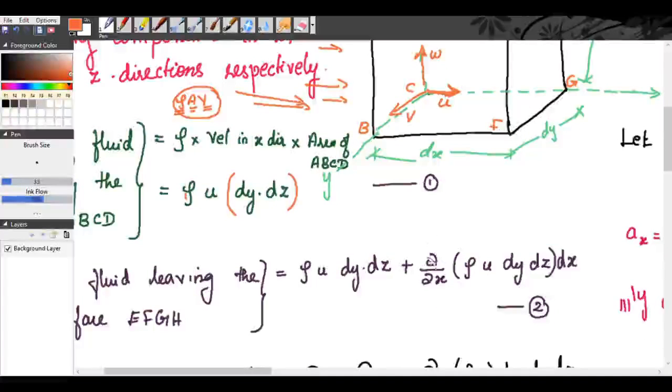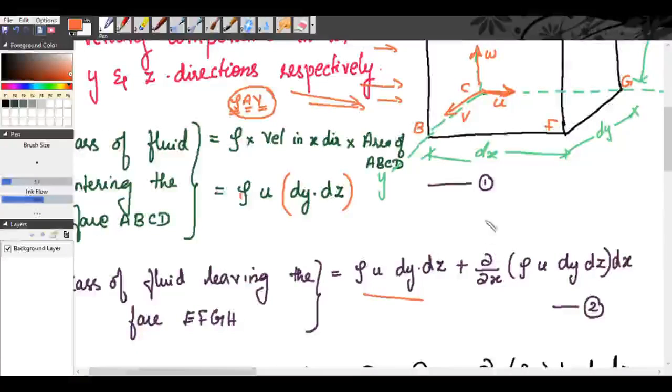That is dou by dou x of dou rho u dy dz, the mass of the fluid entering the phase, multiplied by dx.